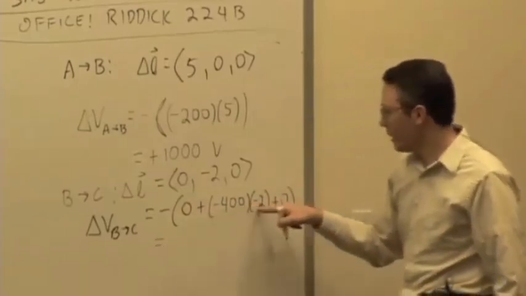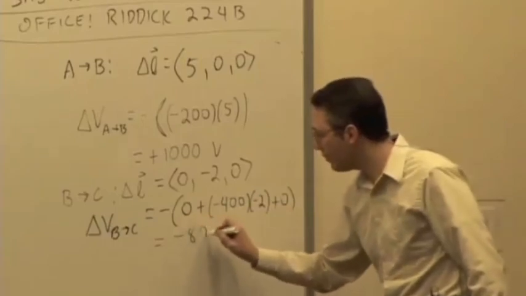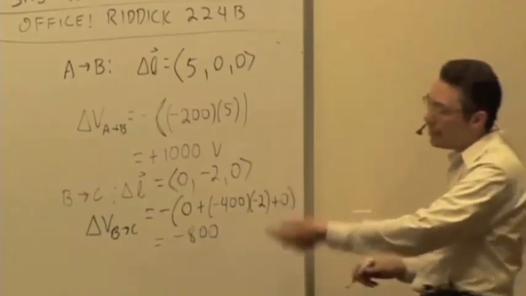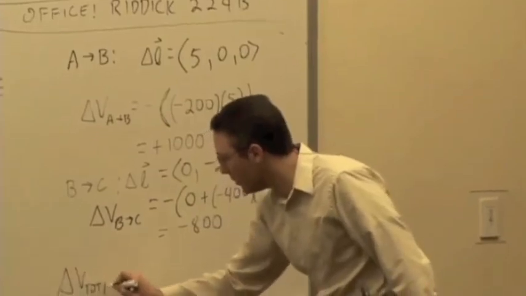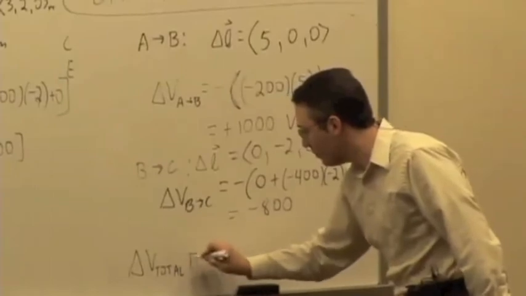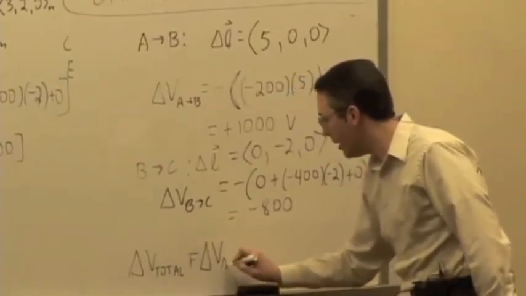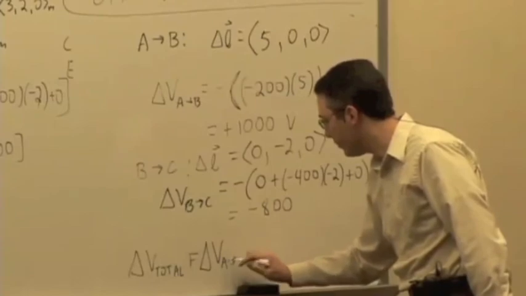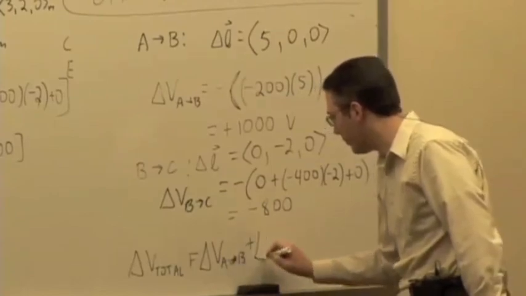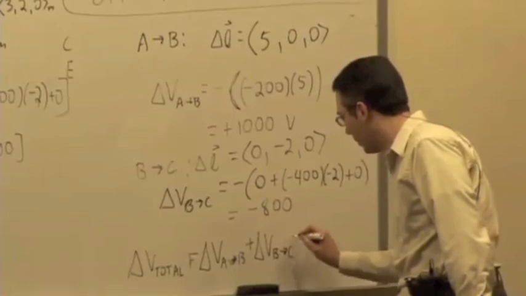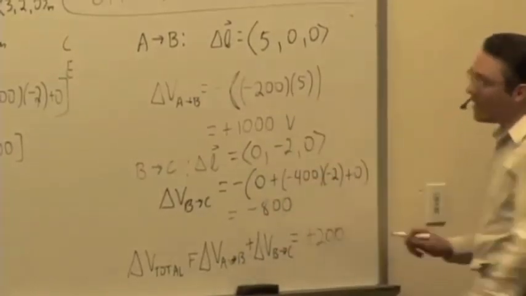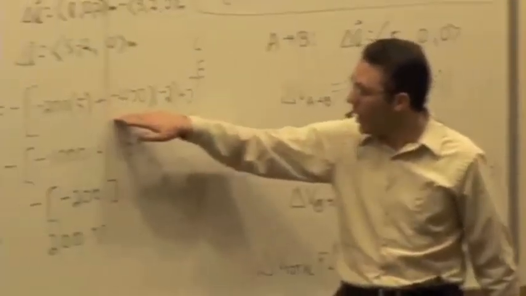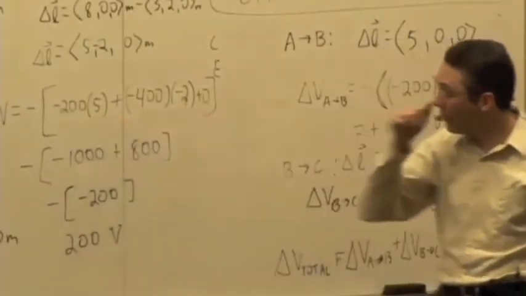I get negative 800, right? And then I can just add the two up and say that the total when I go from A to B and then B to C gives me 1,000 minus 800 or plus 200. And you can kind of even see that coming out of the math here. You have 1,000 here and 800 here from just adding those two components together.